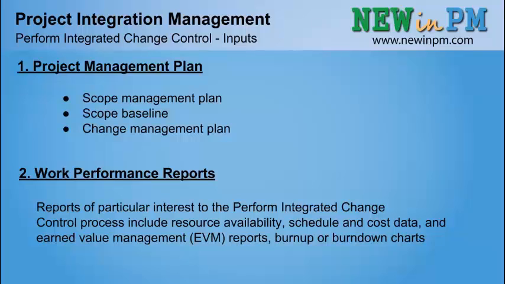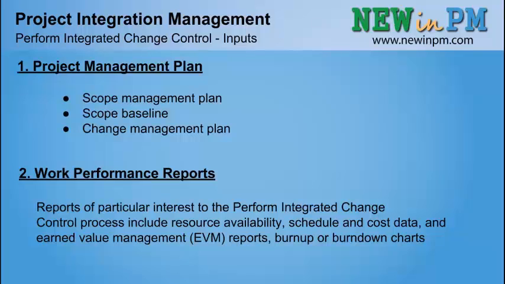The second one, scope baseline, which provides product definitions. And the third one, change management plan, which provides direction for managing the change control plan. As you can see here, the project management plan serves as an input not only to this process, perform integrated change control, but to other processes that we discussed in our earlier chapters.